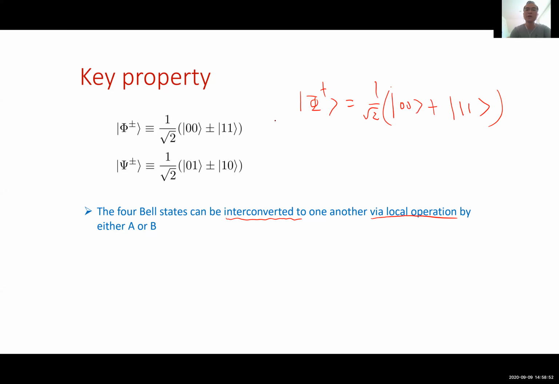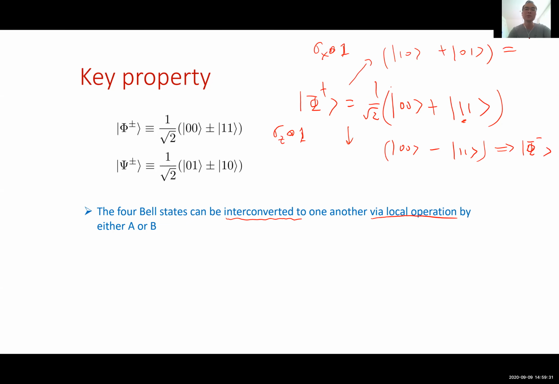We know that if I apply sigma z on the first qubit, the sigma z will flip the sign of this particle, so it flips to 0, 0 minus 1, 1. So this is phi minus, right? If I apply sigma x to the first particle, sigma x flips 0 to 1, 1 to 0.